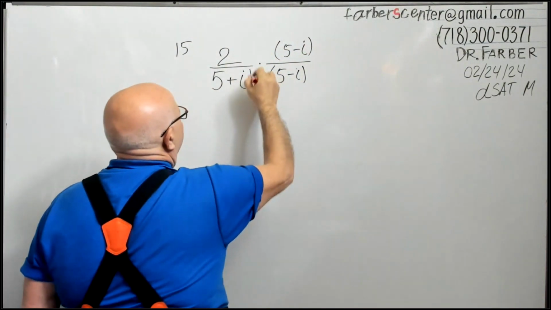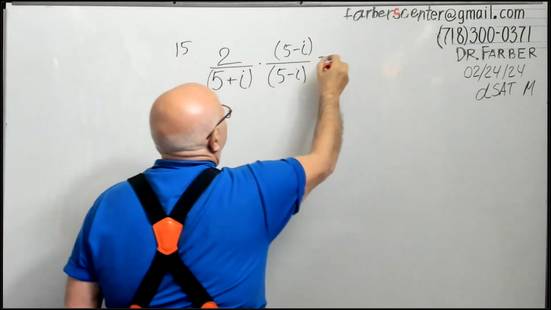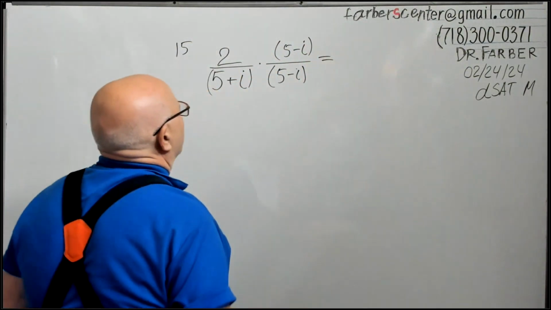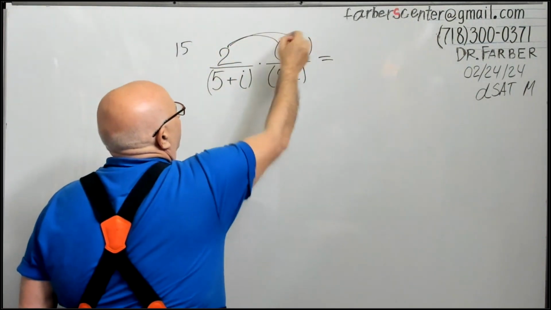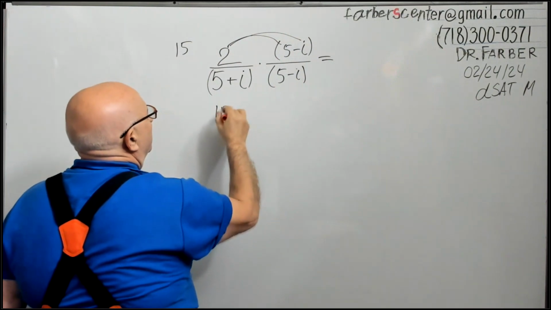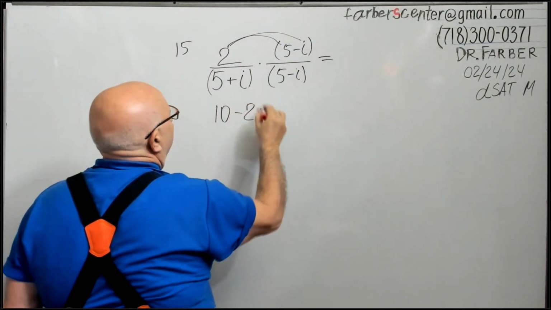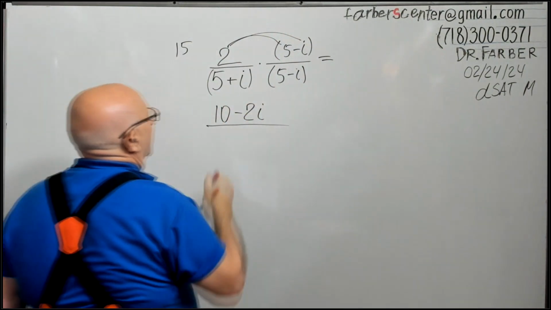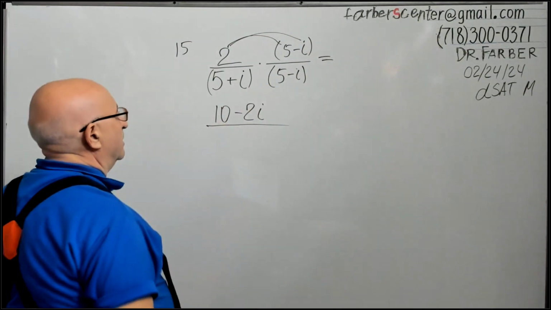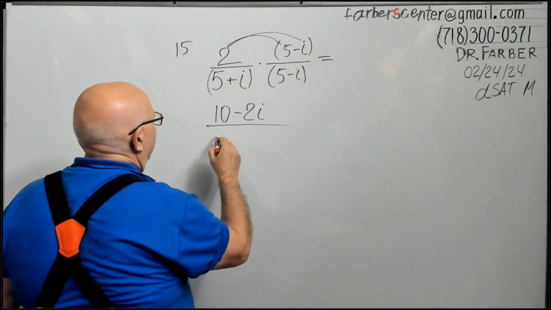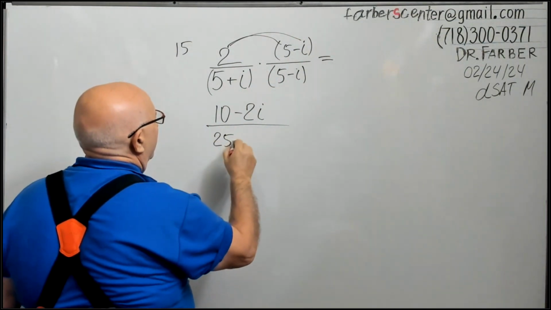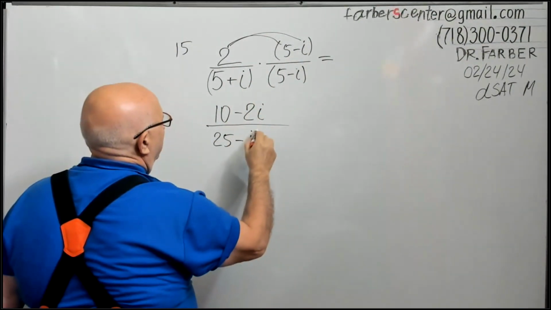Everyone knows how to multiply this, right? When you multiply by distribution, it would be 10 minus 2i. And by the formula for the difference of squares, the product of 2 equals 25 minus i squared.